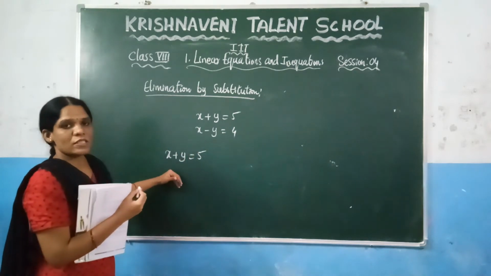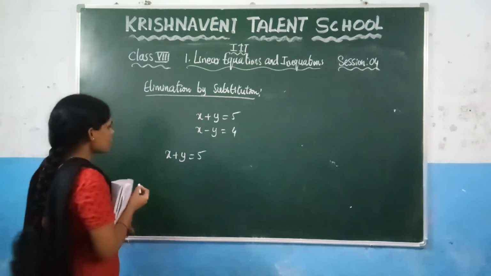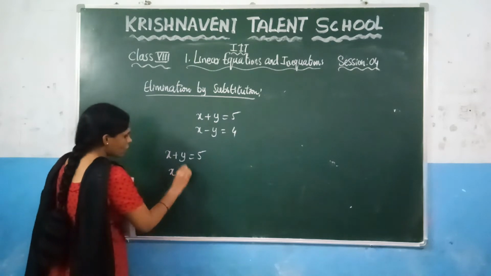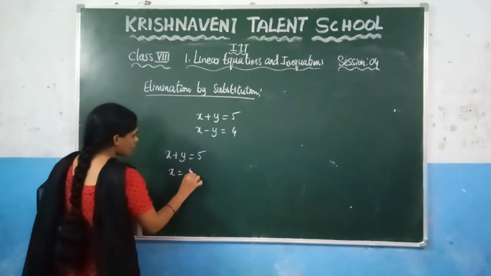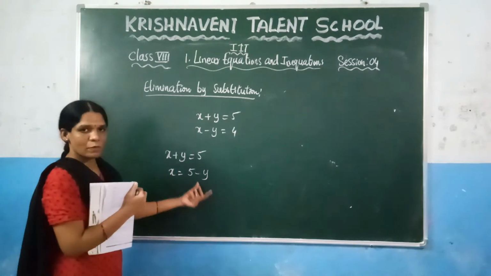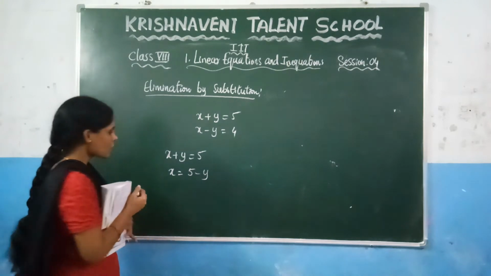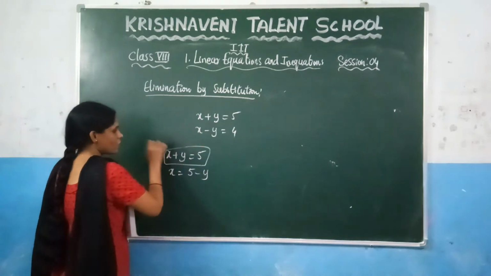From the first equation, you have to calculate the value of x or y. Let us calculate the value of x. What is the value of x here? It is nothing but 5 minus y, because if you take plus y to the other side, it becomes minus y.